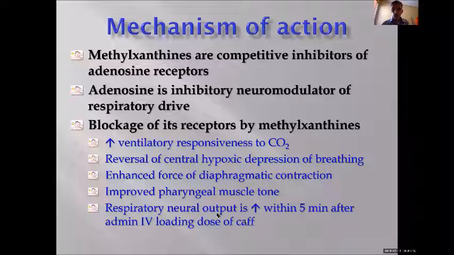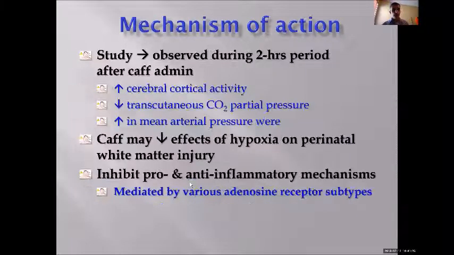And when you give the caffeine, the respiratory neural output starts to improve within 5 minutes of the IV loading dose. Also, it increases the cerebral cortical activity, and it decreases transcutaneous oxygen monitor readings. If you listen to my lecture or watch my presentation about respiratory monitoring, you will understand that.